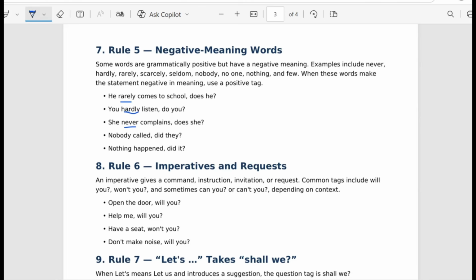Nobody called. So nobody is also a negative word. Nobody called. Did they? Nothing happened. Did it? So in this rule, if the statement is having a negative word, the tag should be positive.